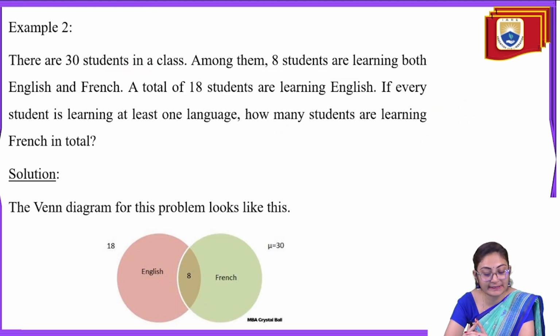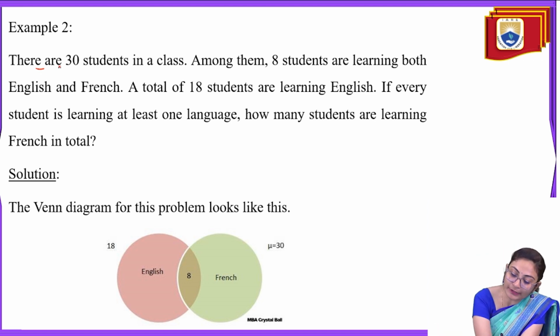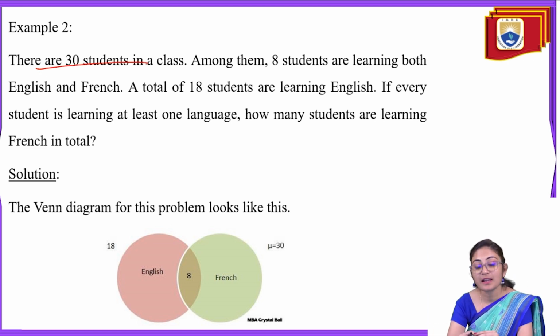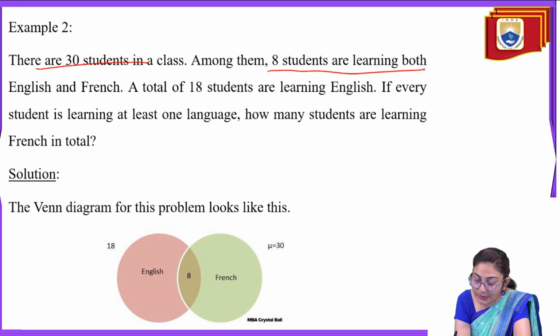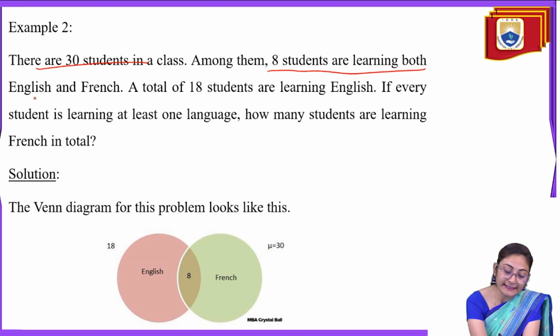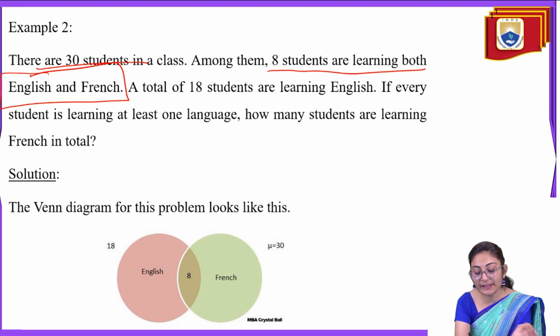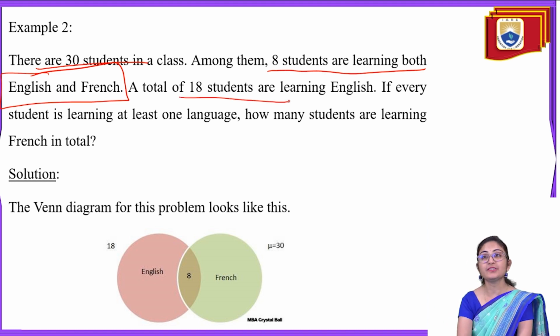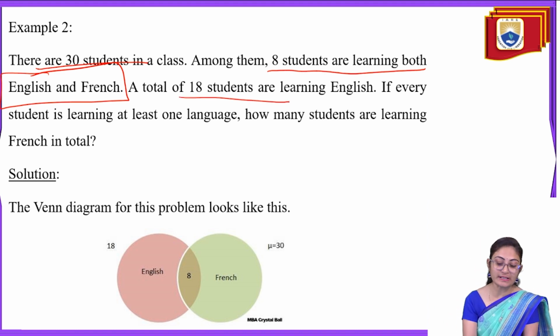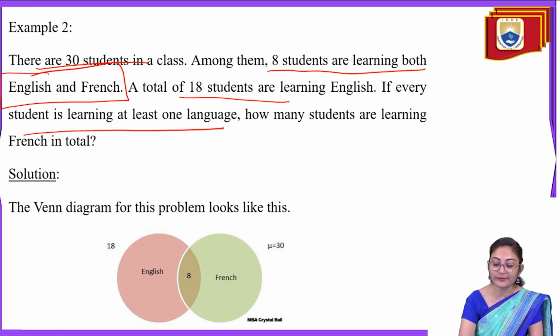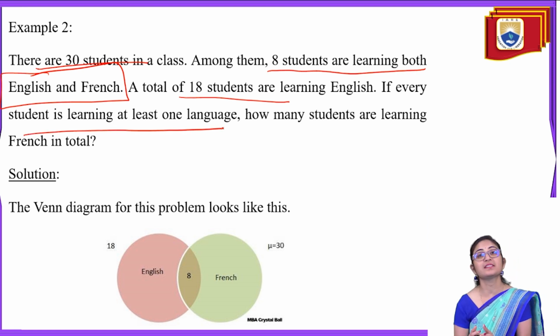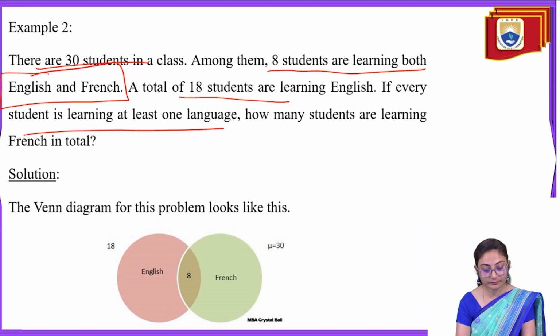Now the second example: there are 30 students in the class. Among them, 8 students are learning both English and French. A total of 18 students are learning English. If every student is learning at least one language, how many students are learning French in total?